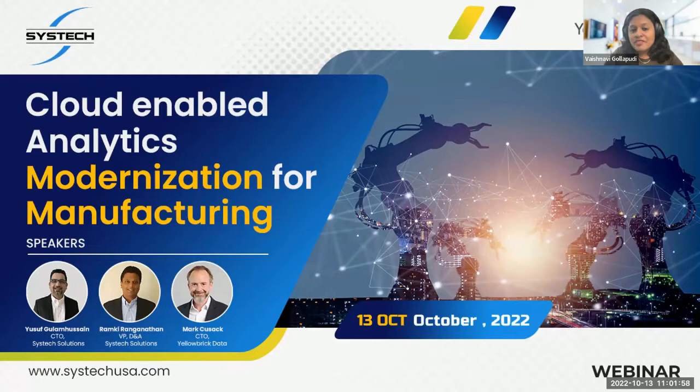He was also the Chief Architect for Teradata's IoT analytics effort. Mark joined Teradata from the startup Rainstorm, where he was the co-founding developer and Chief Architect. Prior to Rainstorm, Mark was a lead scientist in the UK Ministry of Defense. So welcome all of you.